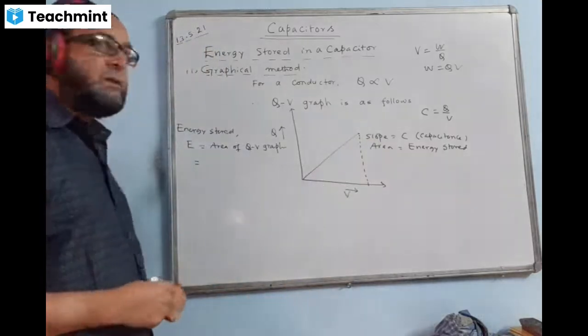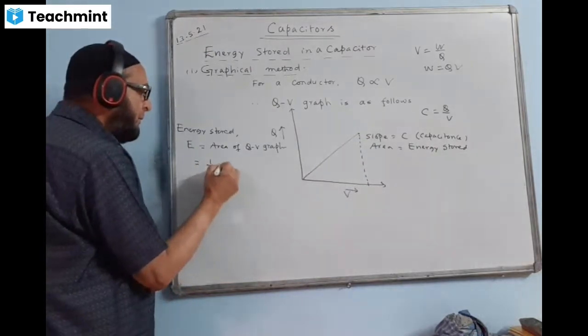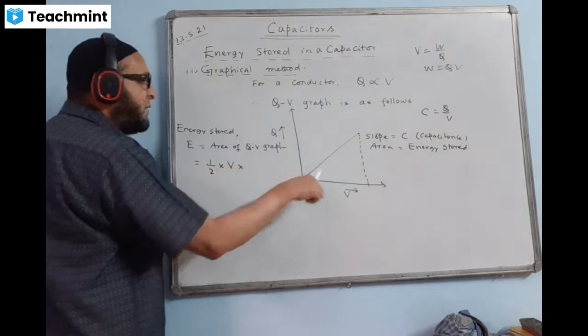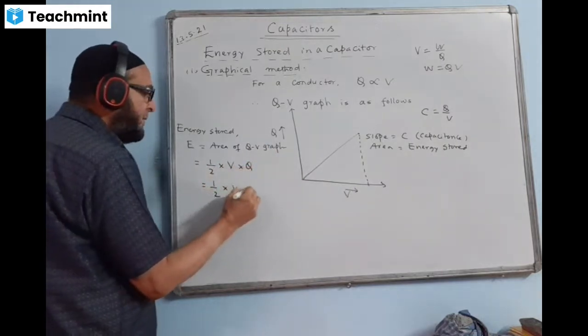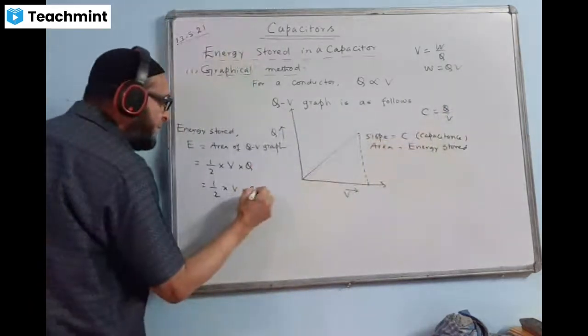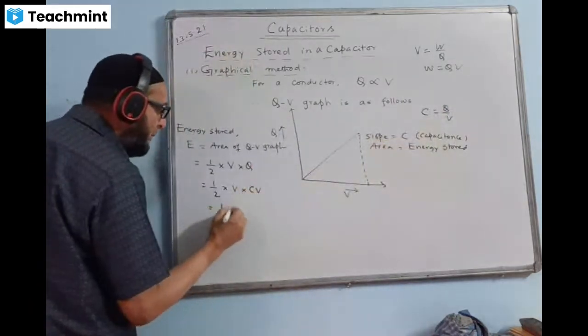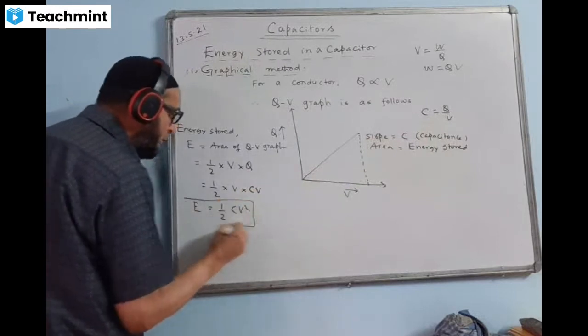The formula of the area of a triangle is half into base into height. Base is V and height is Q. So half into V, keep as it is. The Q value will be equal to CV, so I replace Q and write CV. Your formula will become half CV square. This is the formula of energy stored.